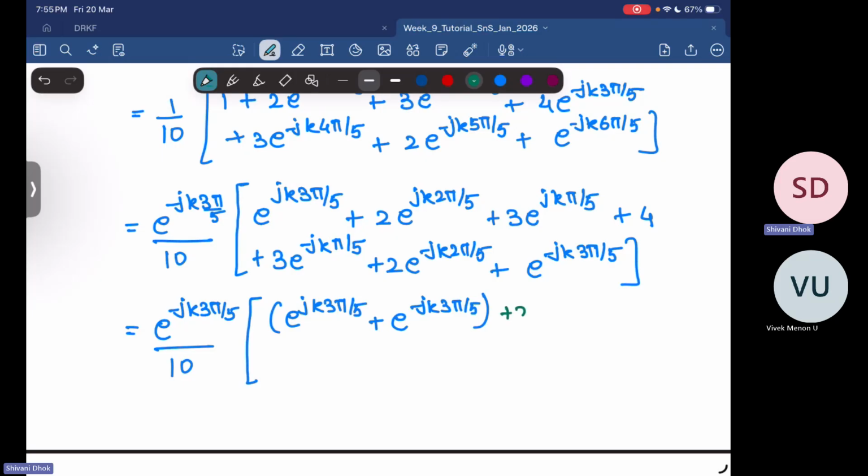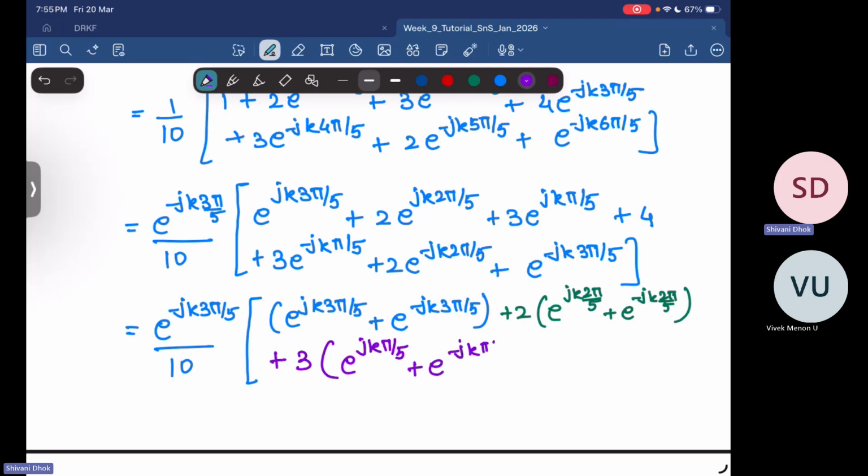The second term will be 2 times e power j k 2 pi by 5 plus e power minus j k 2 pi by 5. The third term will be 3 times e power j k pi by 5 plus e power minus j k pi by 5, and the last term is this 4 as it is.